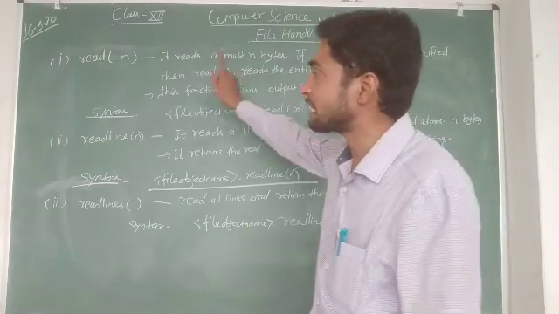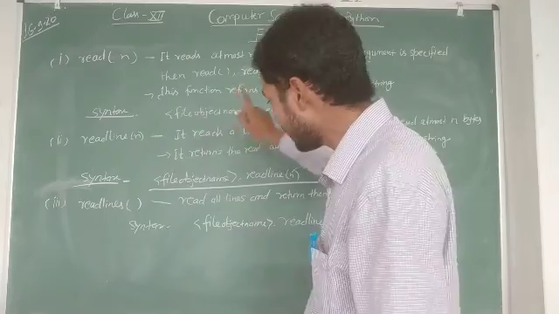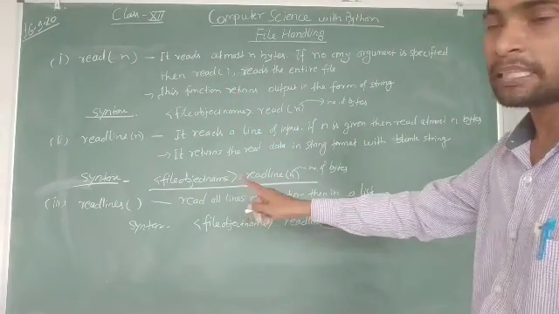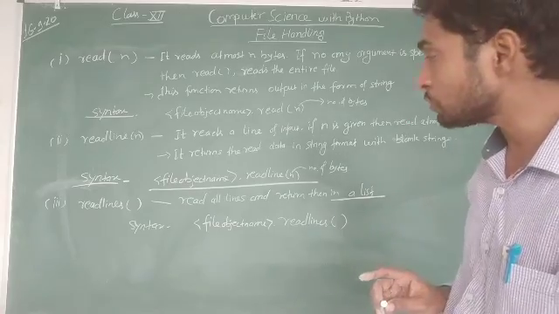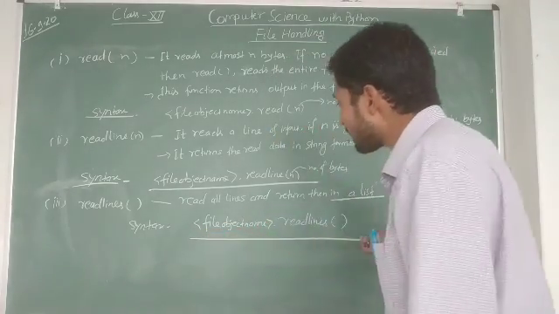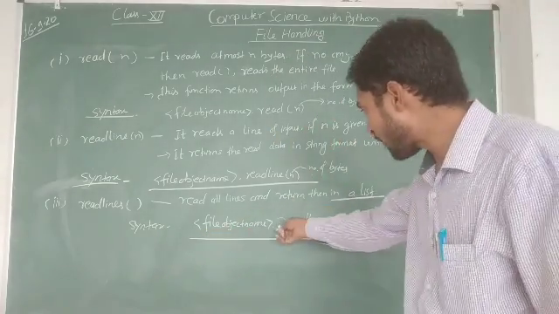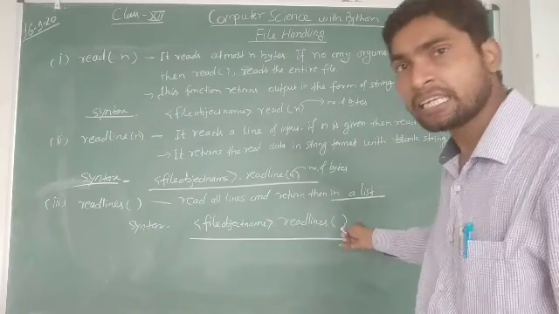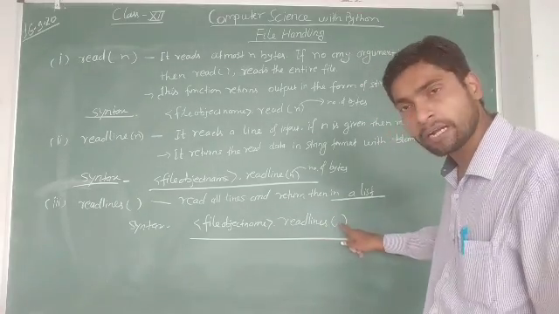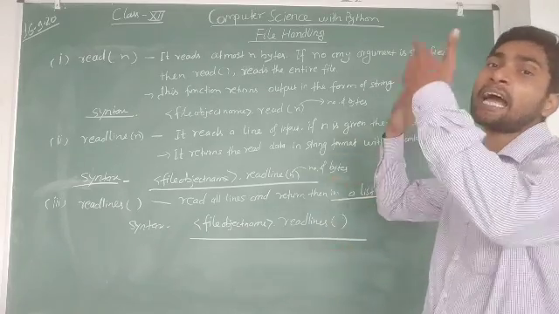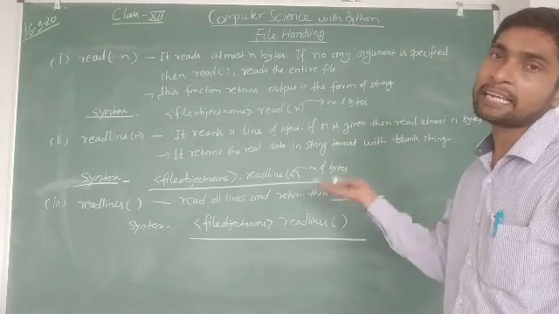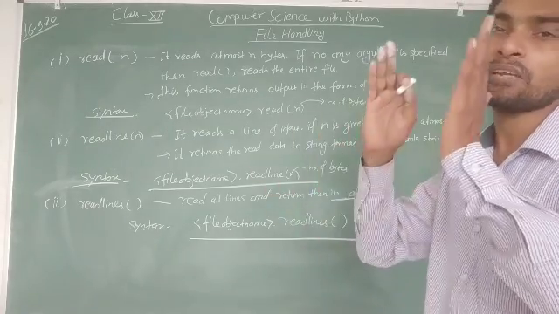The other two methods return output in the form of a string. The syntax is file object name, dot, readlines. This method does not take any argument, so don't be confused. Automatically it reads the entire file at a time and gives you the result in the form of a list.